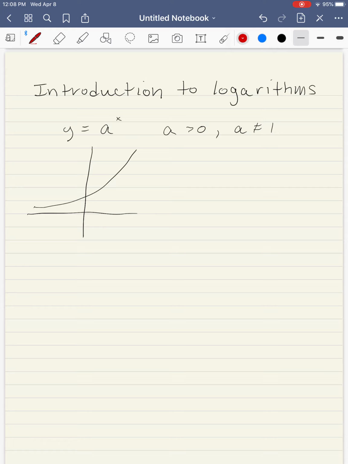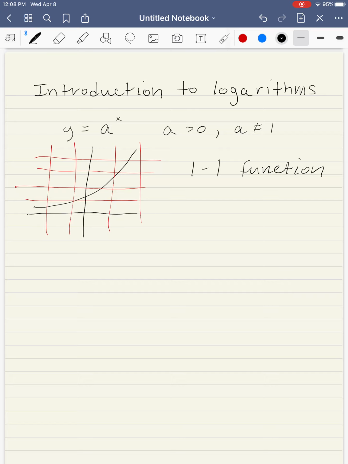And we can see from this that this is a one-to-one function because it passes the vertical and the horizontal line test.